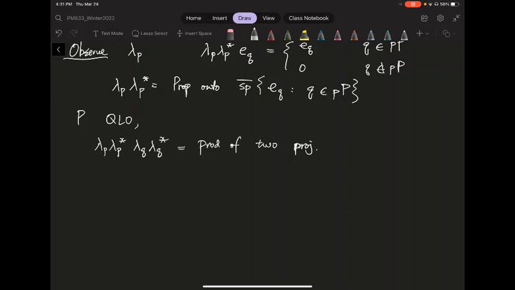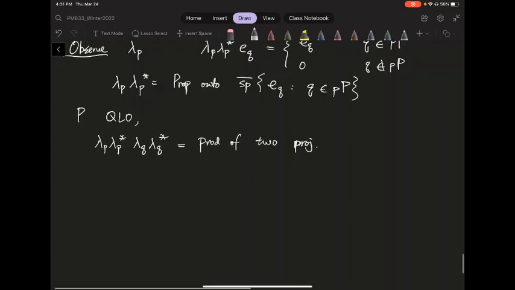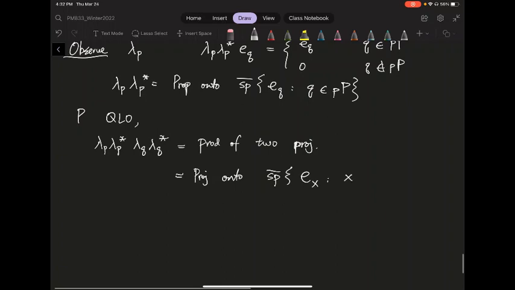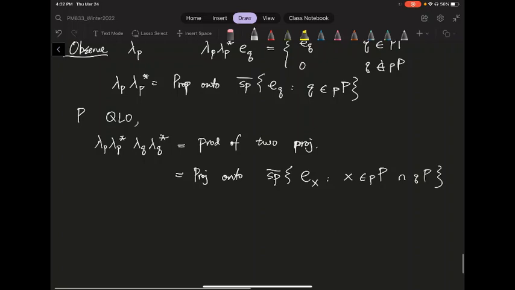When you take the product, it's the projection onto their intersection, which is spanned by the intersection of these orthonormal vectors. So this is the projection onto the span closure of all the e_x, where x has to be inside pP, and it's also inside qP.